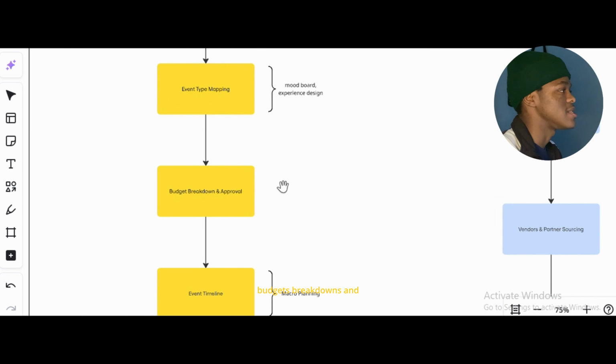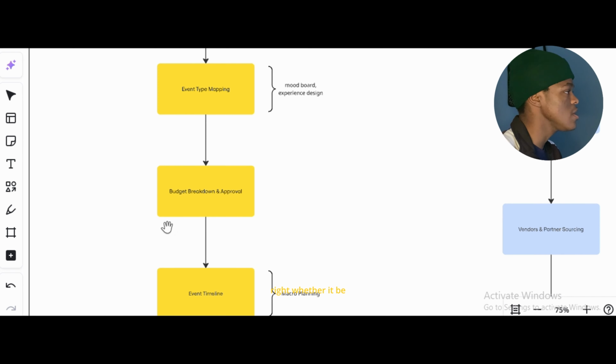And then we get to budgets, breakdowns, and approval. This is the stage whereby we have gotten what we want. We know what type of event we want to host. We know the things that are needed. So now it comes down to how much the things actually cost. Is it putting us in a huge loss, or are we using the right amount for specific things?